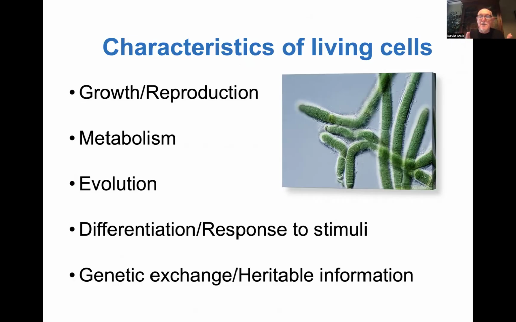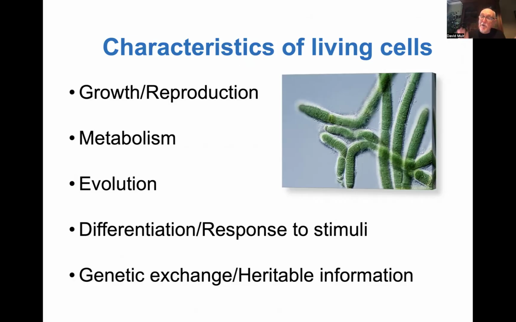The last thing is that all living things, to one extent or another, produce heritable information. They have to, because the properties of the cell must be passed on to the progeny. In the case of advanced cells, the eukaryote cells, this is sometimes in the form of genetic exchange, in the form of sexual reproduction.